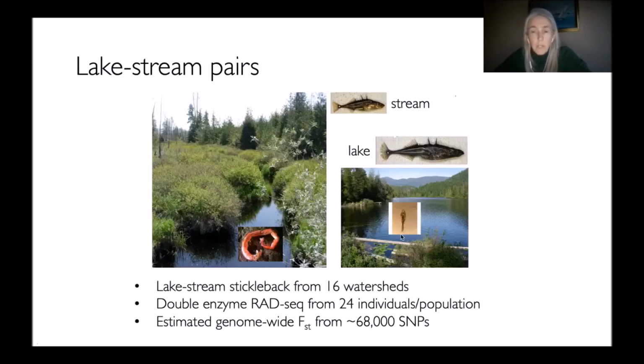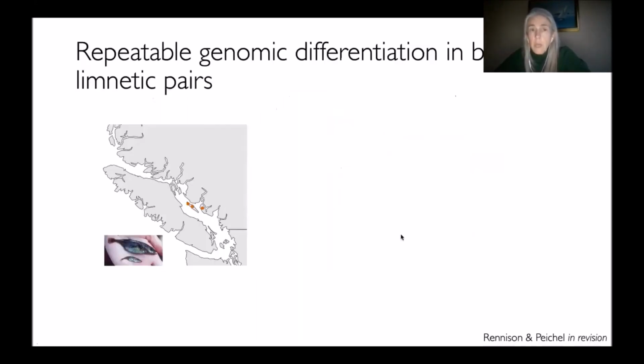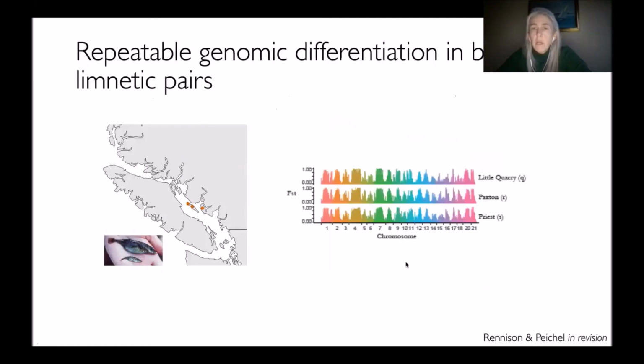So the first pattern is that there's repeatable genomic differentiation in the benthic-limnetic pairs. These are FST plots across the genome, and you can see these really striking similarities in where you see high FST across these three different pairs. Incredibly striking, actually.